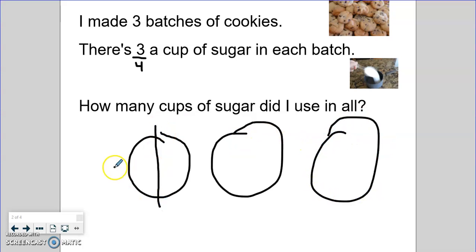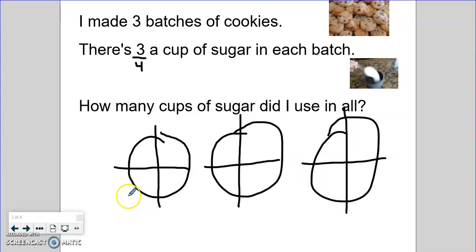And this time I'm going to divide them into fourths. 1/4, 1/4, 1/4. There's 3/4 cup of sugar in one batch.